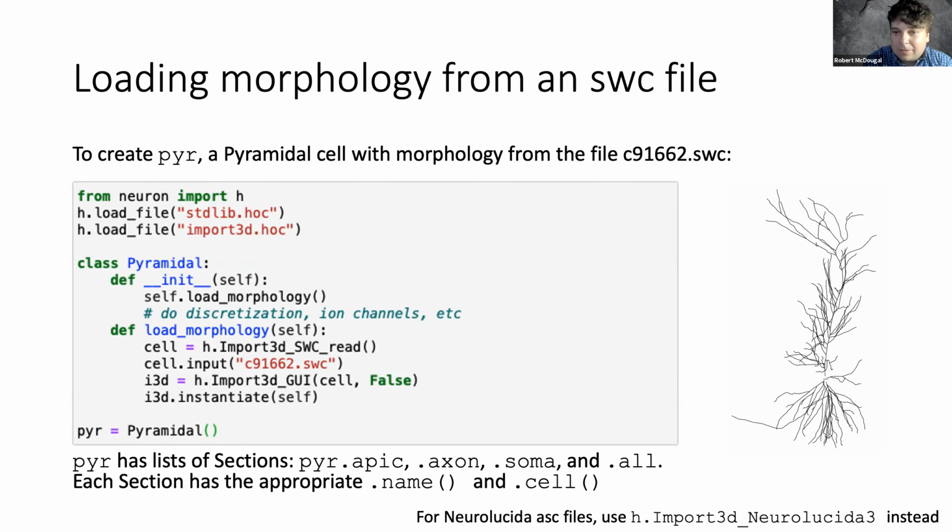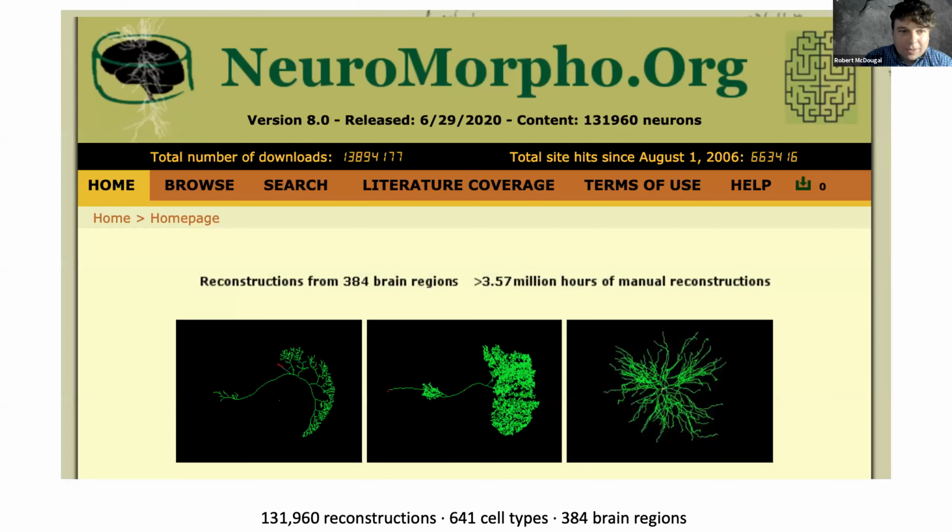Anybody know where we can get our hands on these? So one option is to have a friend who likes doing this, right? Another option, though, is the website neuromorpho.org.